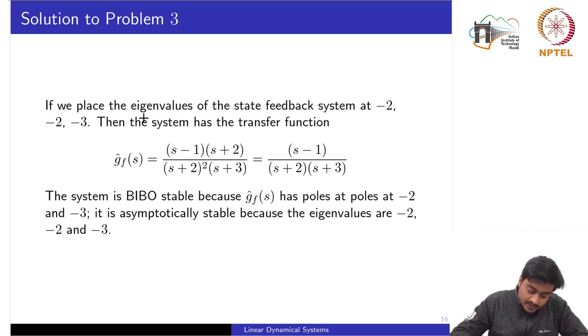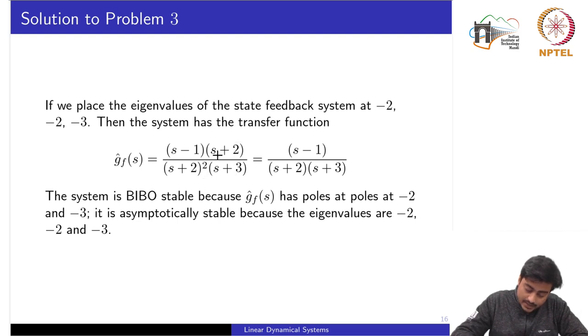Now if we place the eigenvalues of the state feedback system at -2, -2 and -3, then the system would have the transfer function given by this one. The numerator polynomial would remain as it is. We can change the denominator polynomial by placing the eigenvalues here, where two eigenvalues are located at -2 and another eigenvalue is located at -3.